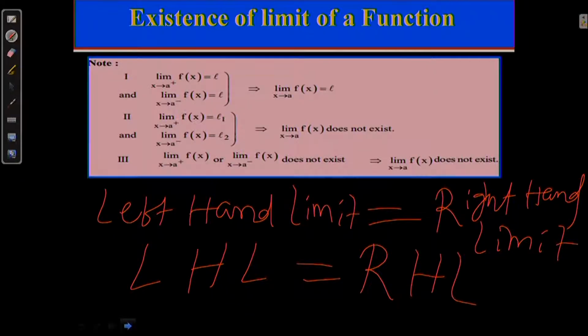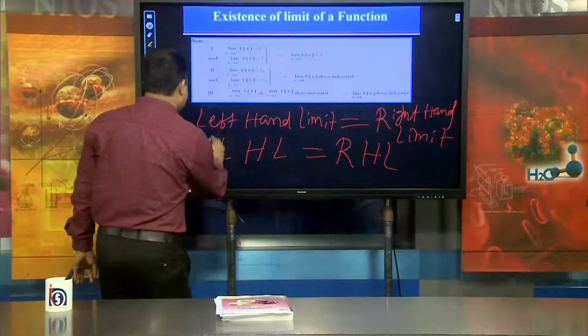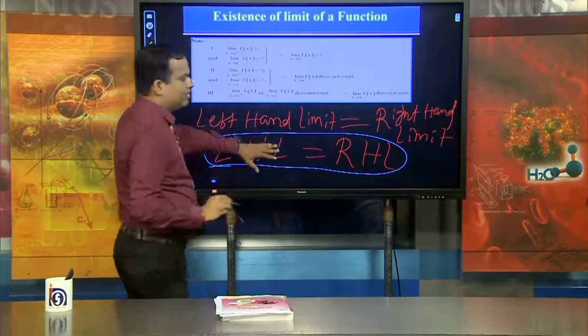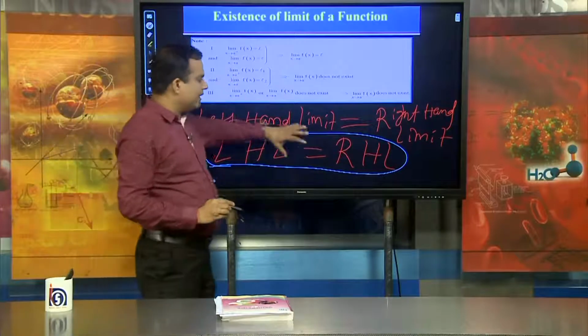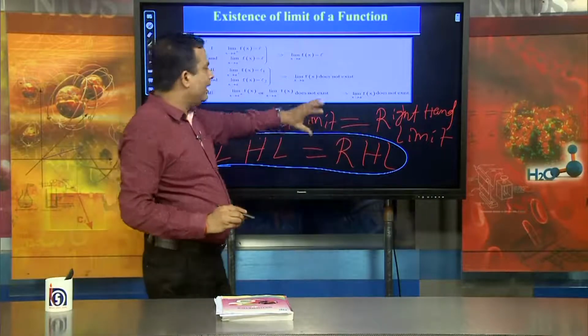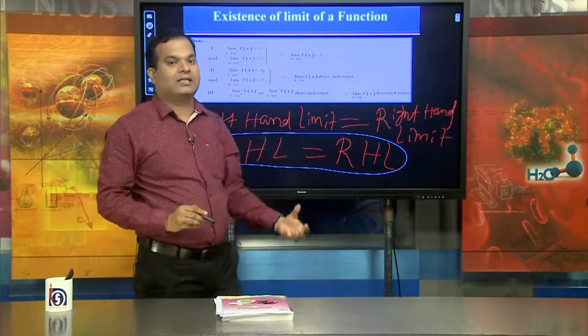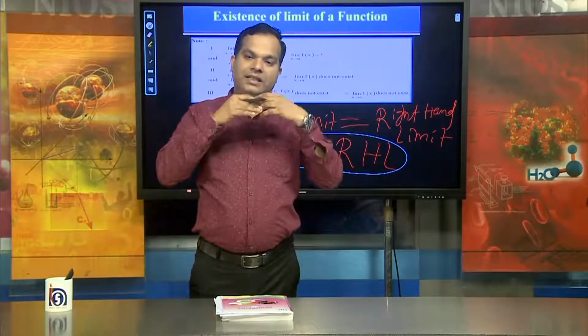That means simply I can say when the left hand limit value is equal to right hand limit value, then we can say the limit exists. This condition, when left hand limit is equal to right hand limit, then the limit of a function will exist, otherwise it will not exist.